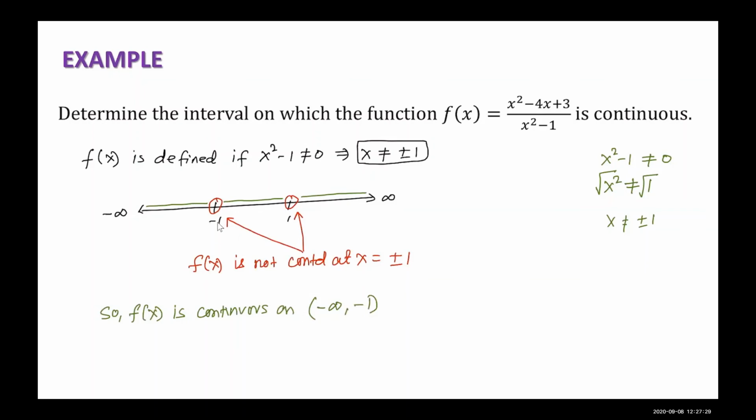And also from negative 1 up to positive 1, and from positive 1 up to infinity. And if we want to say all these three intervals together, we put the union sign in the middle, which is like U, like that. So we can say that this function is continuous on these three intervals because it is not continuous at these 2 points.